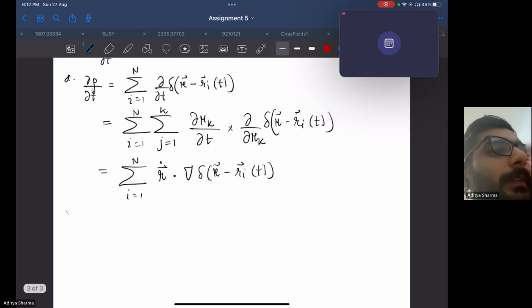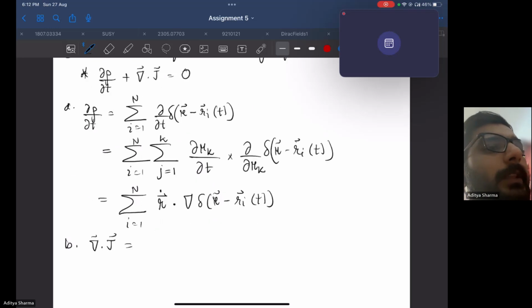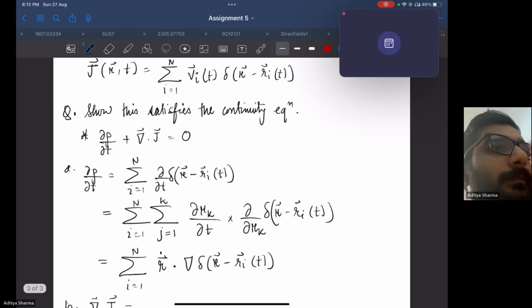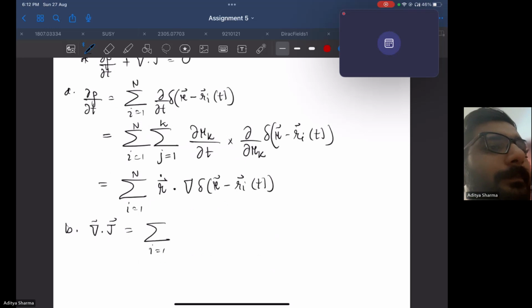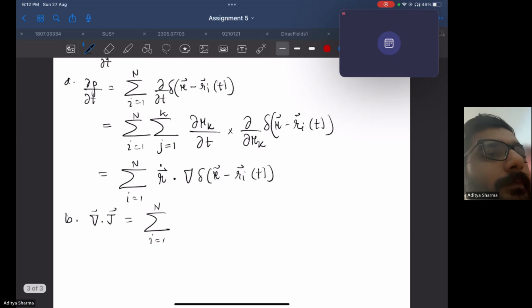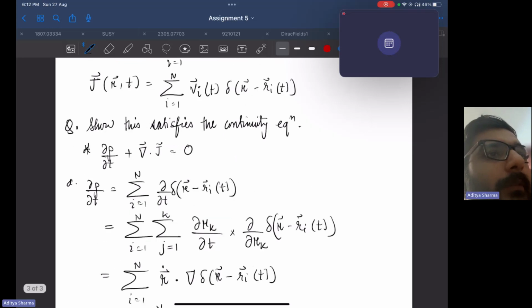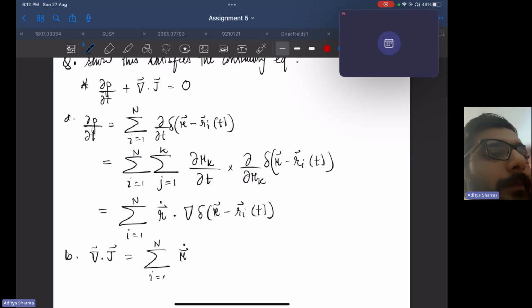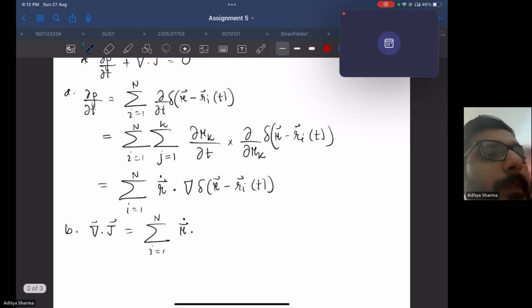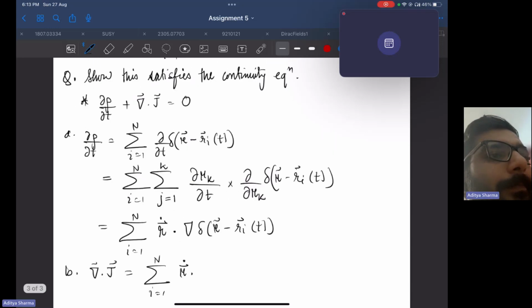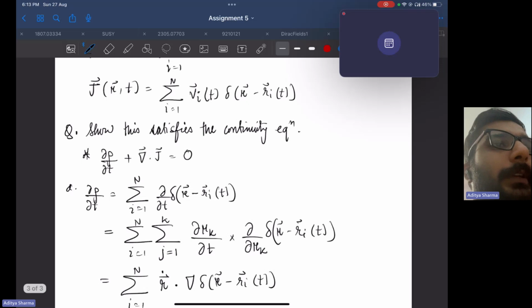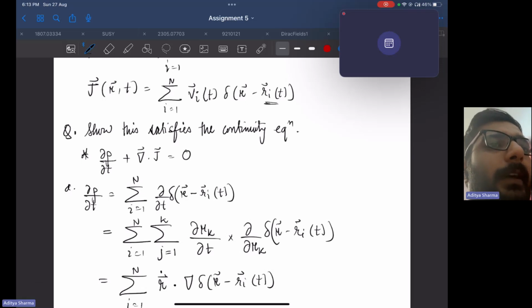So we'll get this. And now if we evaluate the divergence of j, the gradient will only be acting on these r_i's.